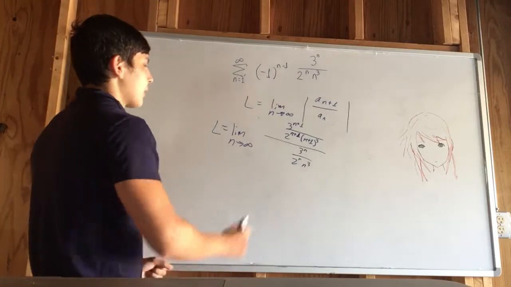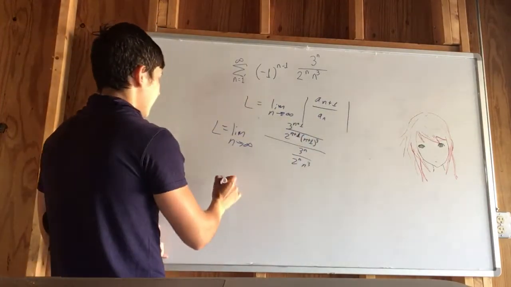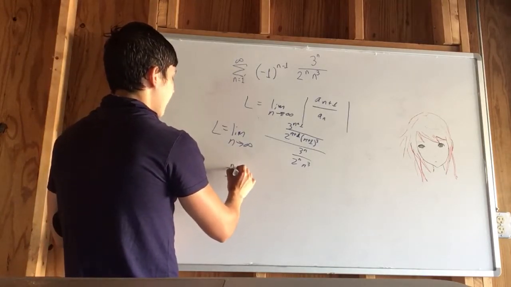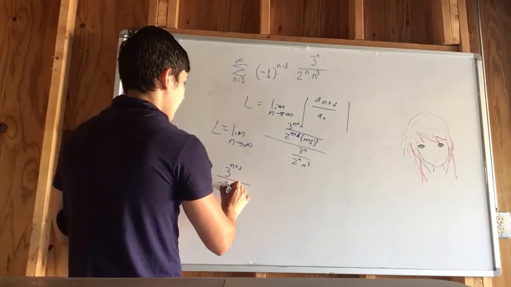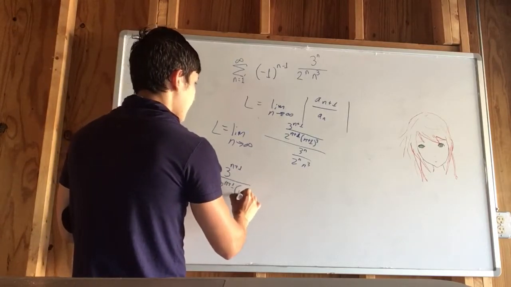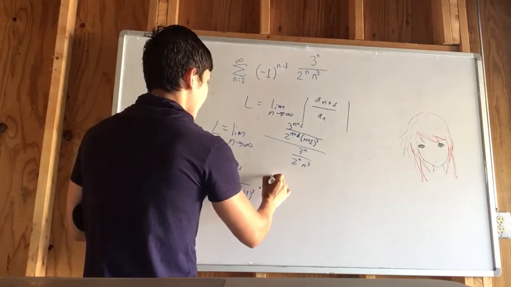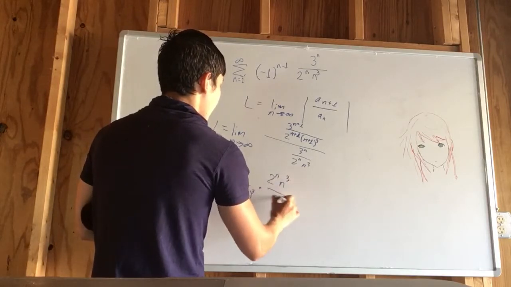Now we could switch this into a reciprocal so that we can see it better. This is going to be 3 to the power of n plus 1 over 2 to the power of n plus 1 times n plus 1 cubed, and we're multiplying this by 2 to the n times n cubed over 3 to the n.